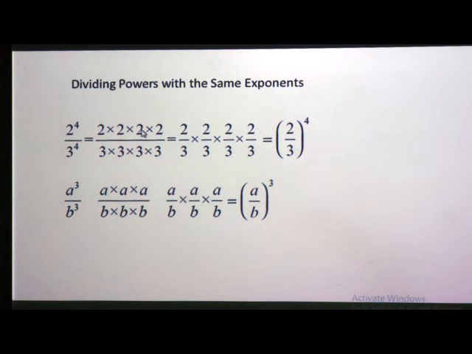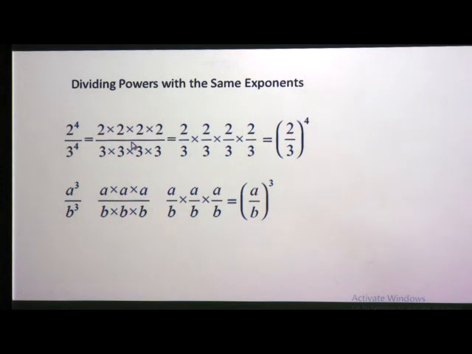So now we will write it in expanded form: 2 raised to the power 4 is written as 2 multiplied by 2 multiplied by 2 multiplied by 2, 4 times. The same we write in the denominator, that is 3 to the power of 4, we write as 3 into 3 into 3 into 3, 4 times.